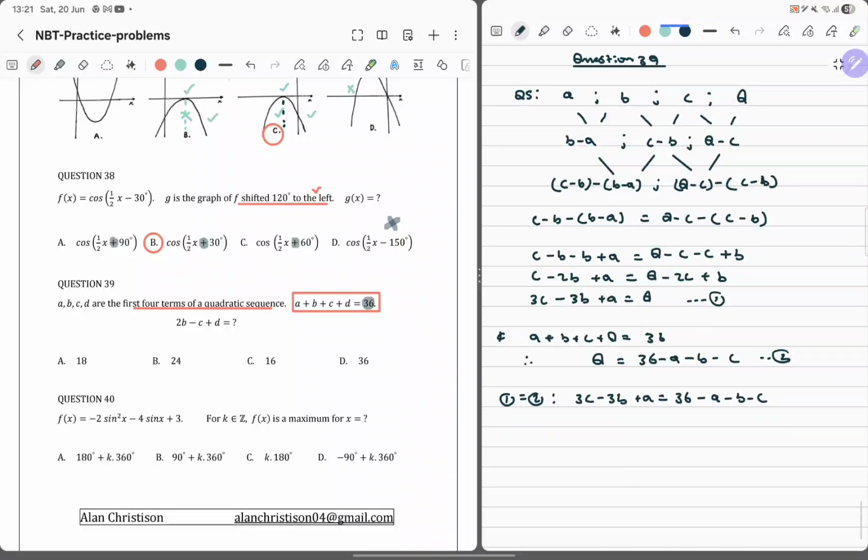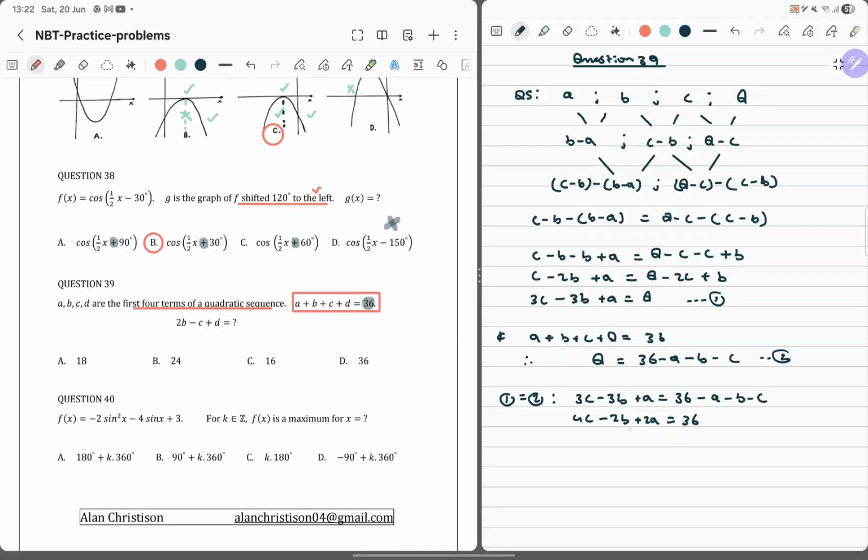Nothing is going away here. Anyway, we'll see. If we move this thing to the other side, we get 4C minus 2B plus 2A is equal to 36.